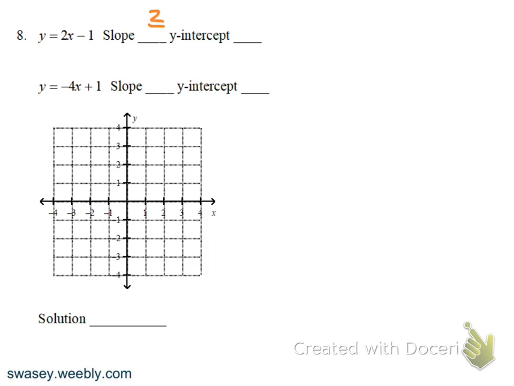Next one, our slope is 2 over 1, y-intercept's negative 1. Plot a point at negative 1, go up 2 to the right 1. Next one, our slope is 4 over 1, y-intercept's 1. Plot a point at 1.